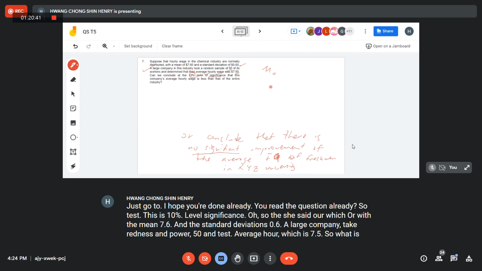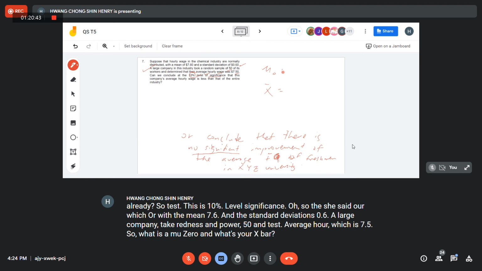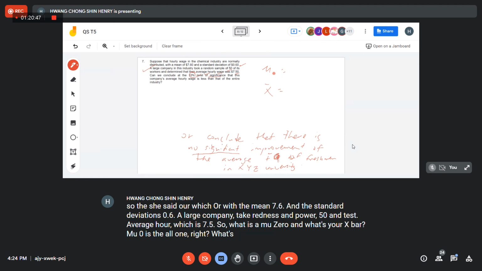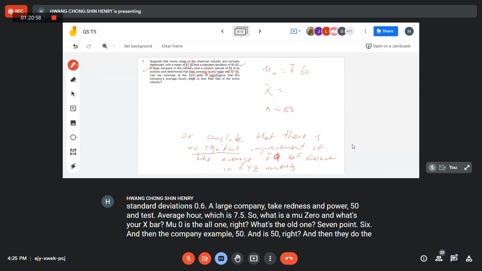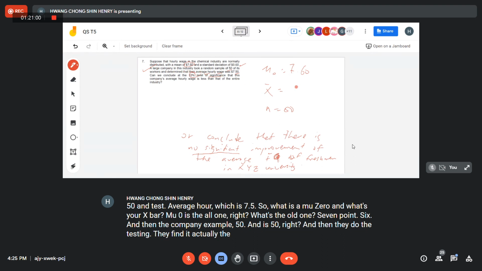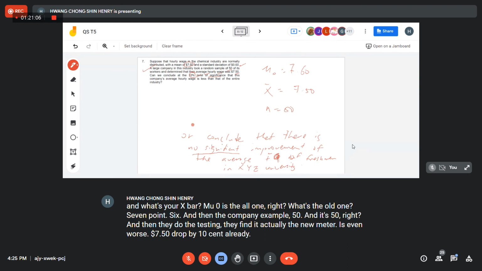So what is your mu0 and what is your x bar? Mu0 is the old one, right? What's the old one? 7.6. And then the company takes sample 50, n is 50, right? And then they do the testing, they find that actually the new mean is even worse, 7.50, dropped by 10 cents already.